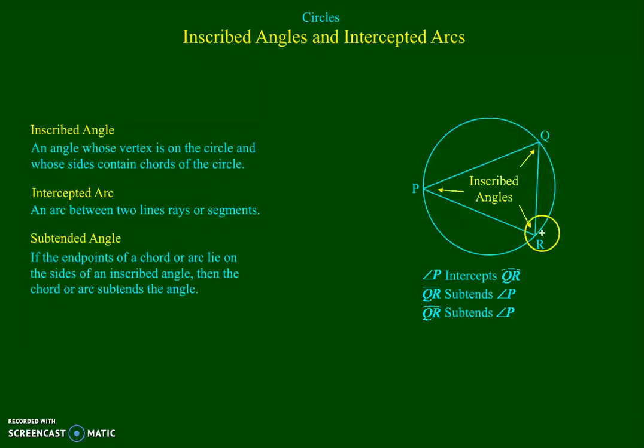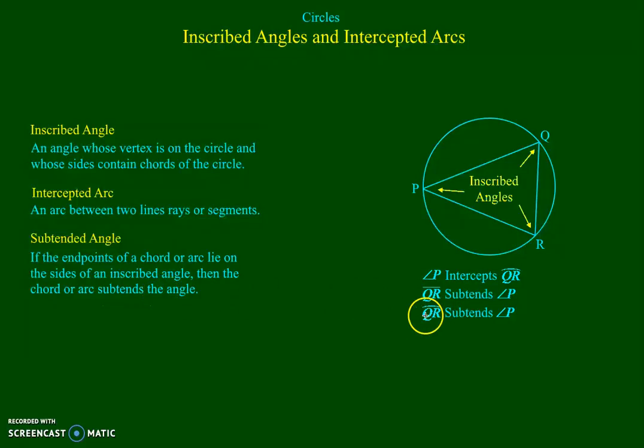Segment QR, this chord, subtends this angle. The subtending of an angle is if the points of a chord or arc lie on the sides of an inscribed angle, then the chord or arc subtends the angle.